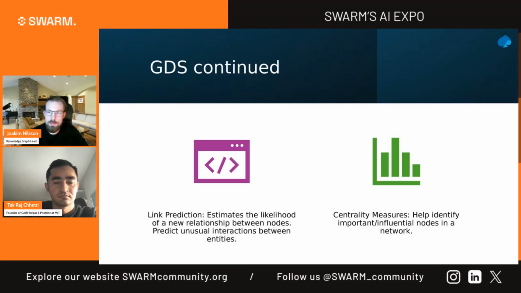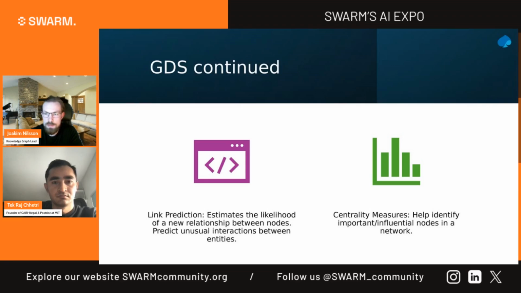We can use link prediction algorithms to estimate the likelihood of a new relationship or transaction, in that case, between nodes in the future. In fraud detection, you can use this to predict suspicious or unusual interactions between entities. For instance, if an account suddenly starts transacting with a suspiciously high number of new accounts, this could signal fraud.